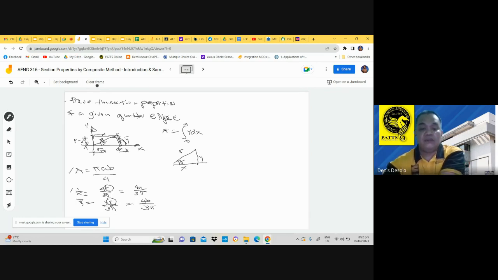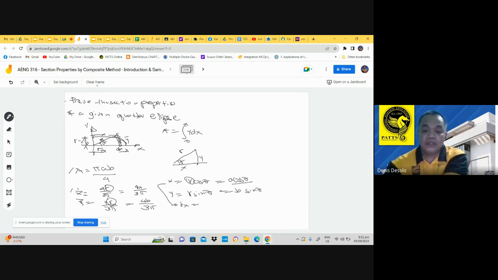We already derived the formula: x is r cosine theta, and y is r sine theta. But in the ellipse, r is from 0 to a, so we replace r by a, and we replace r in the vertical position by b sine theta. And we need to solve for the differential of x.